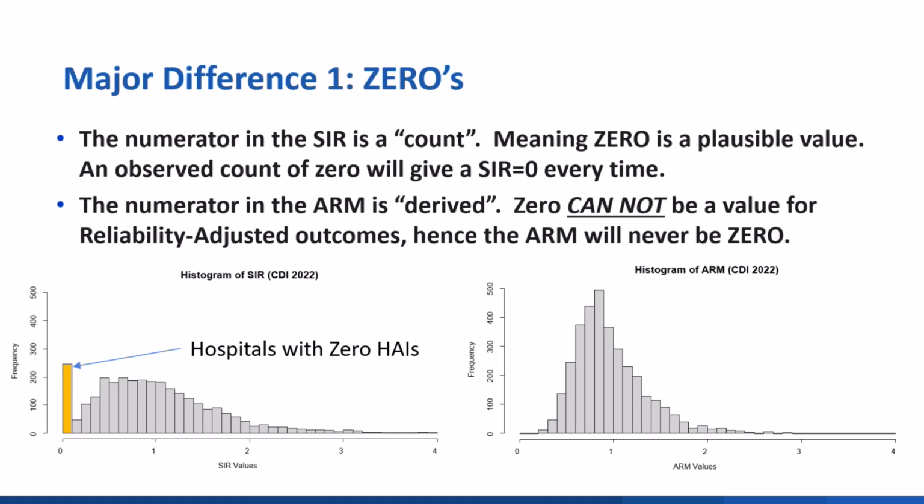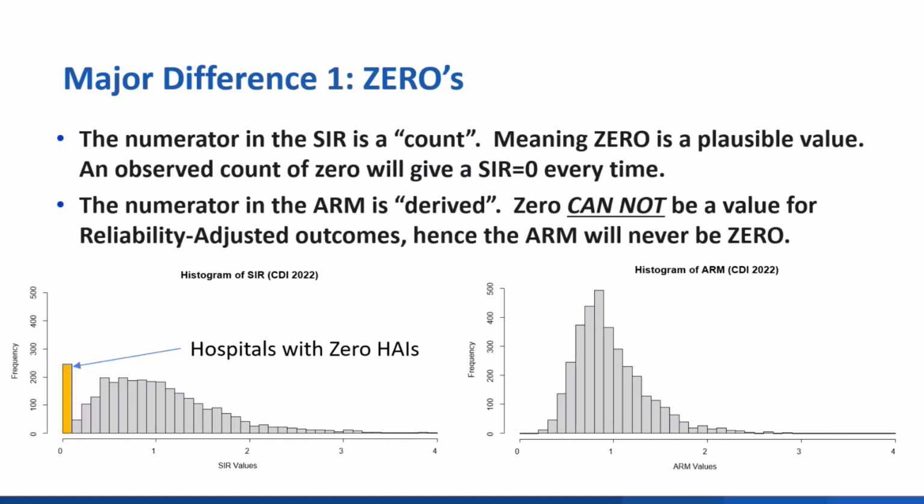And then after that, it takes on a more traditional normal-ish distribution. The ARM, on the other hand, you can see that there is no gigantic bar of zeros to start off. Like 0 cannot happen there. The ARM takes on this much more traditional, normal, bell-shaped looking distribution curve.